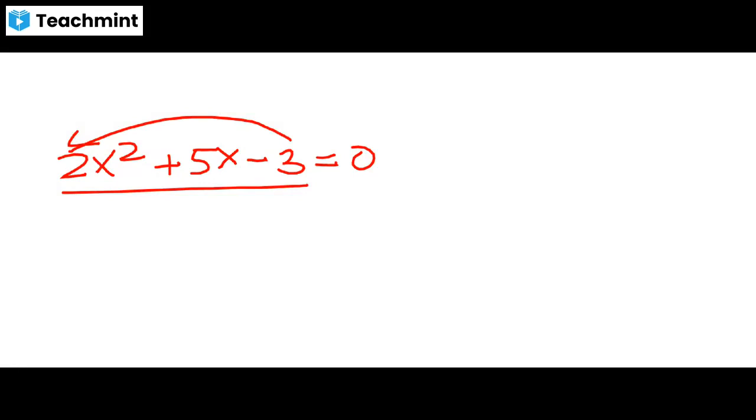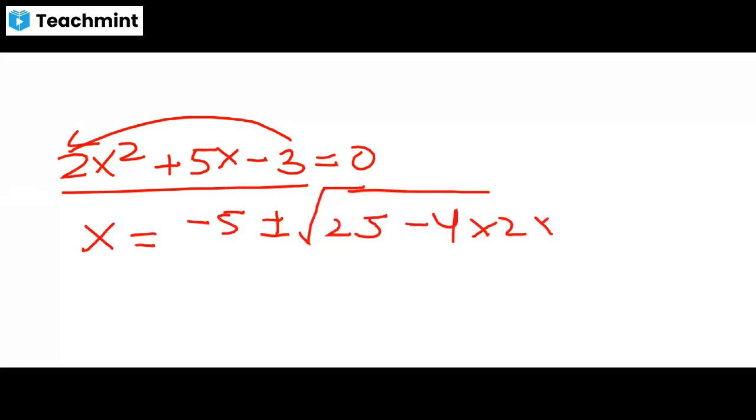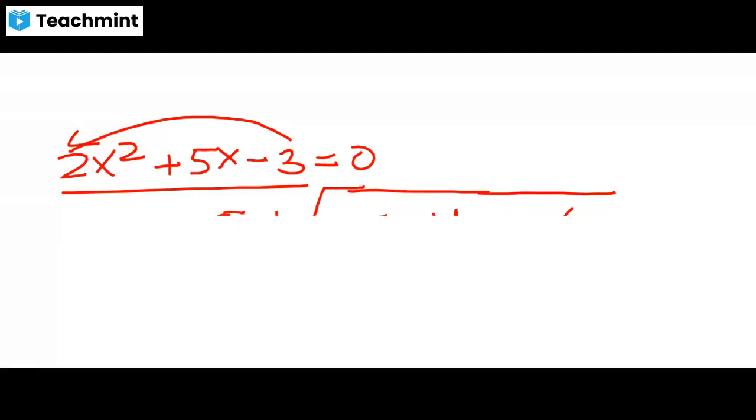We can write x is equal to minus b plus minus square root of b square minus 4ac upon 2a. c is minus 3 actually, right? So we will use minus 3 here. You can use this formula, or you can factorize it directly to solve this quadratic equation to get the other two roots.